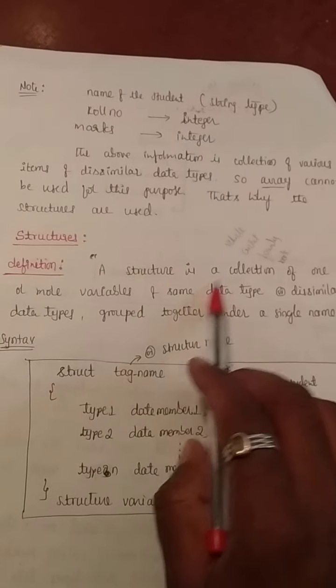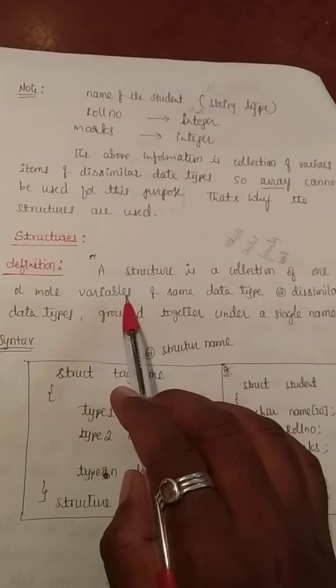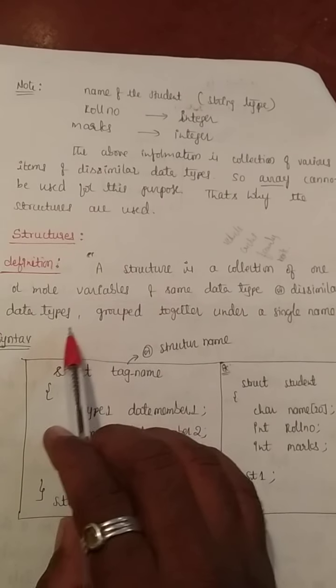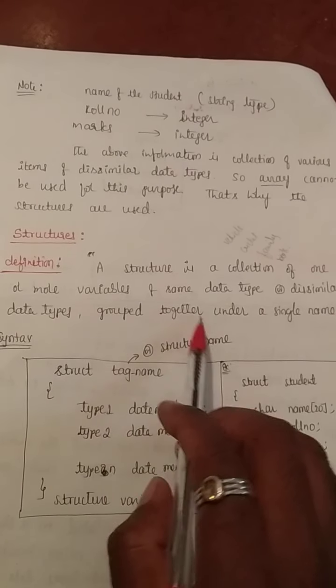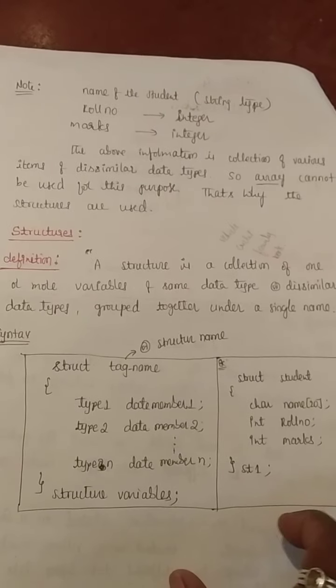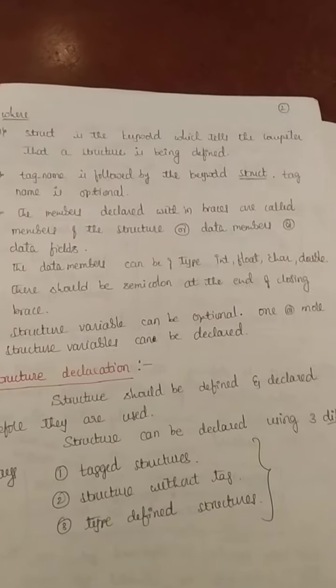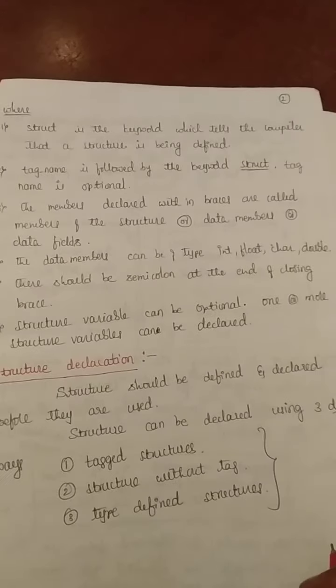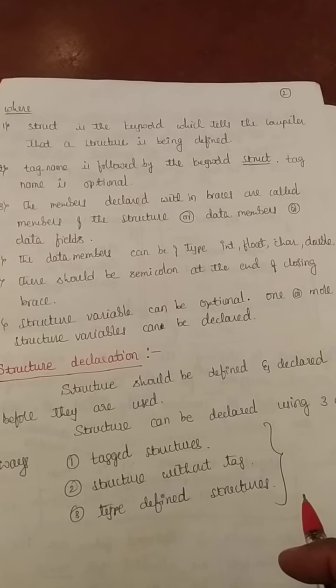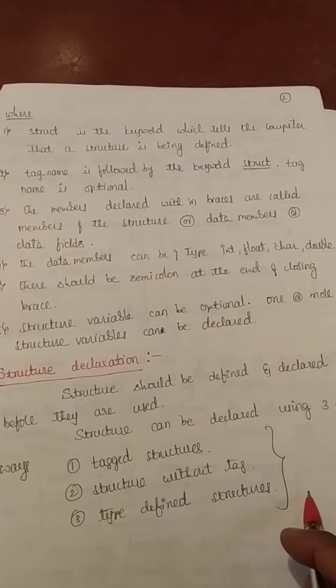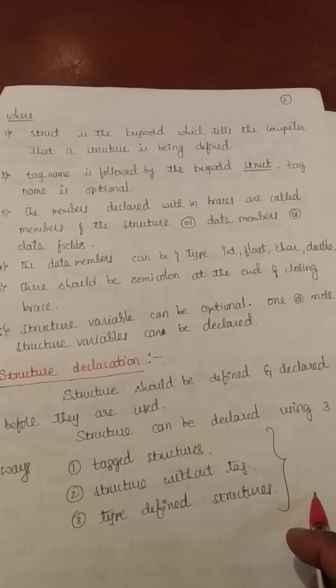So this is the structure definition. A structure is a collection of one or more variables of the same data type or dissimilar data type elements grouped together under a single name. So this is called structures. Again, this is the explanation. Struct is the keyword which tells the compiler that a structure is being defined, and the tag name, which follows the struct keyword, is optional.